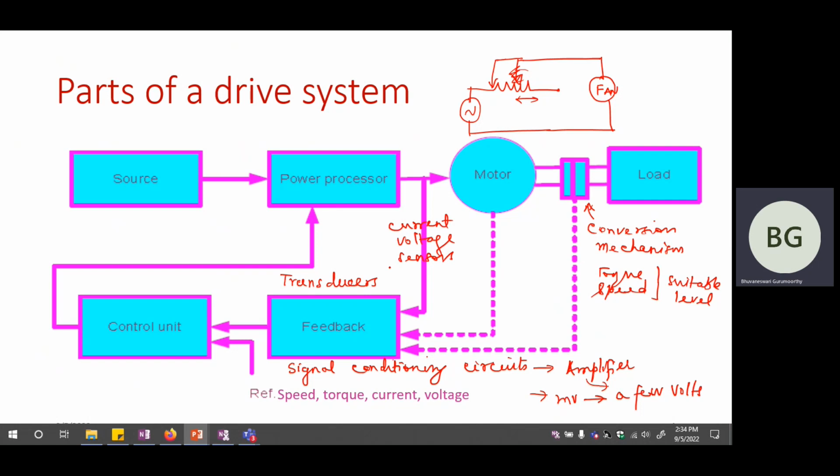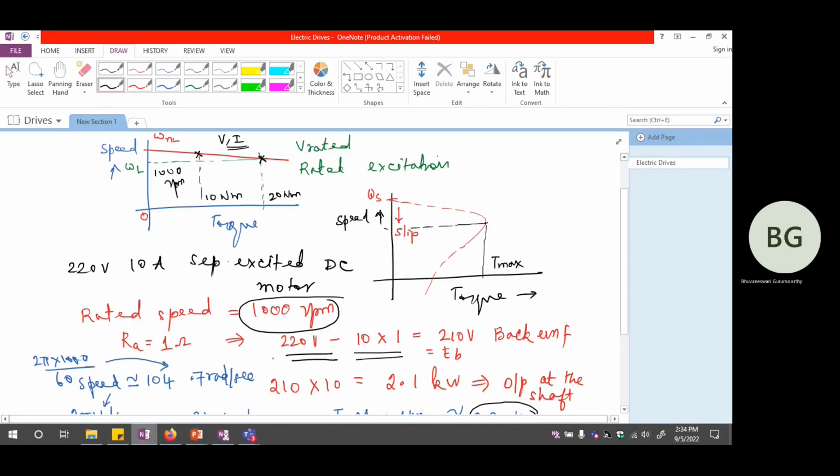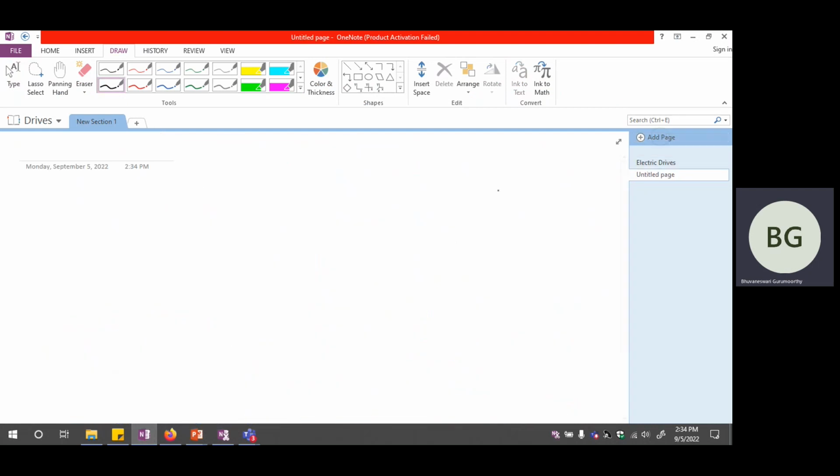Sometimes there could be a level shifter. So if I am looking at a voltage which is an alternating voltage, what I'm getting from a transducer is something like this. I am having plus 2.5 volts to minus 2.5 volts. This is the kind of alternating quantity I am getting from my transducer.